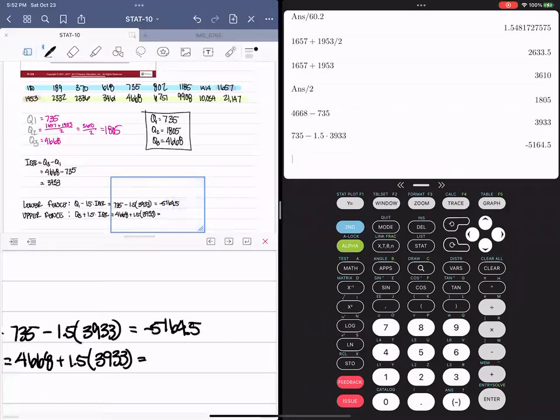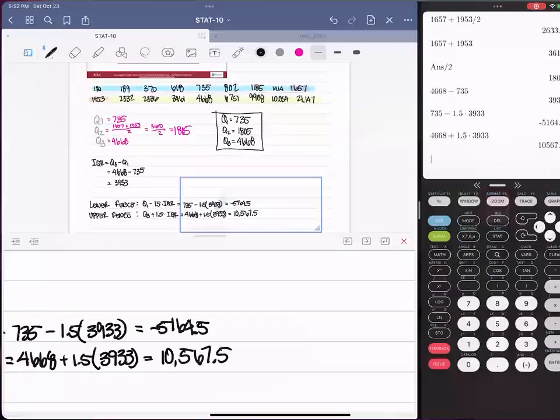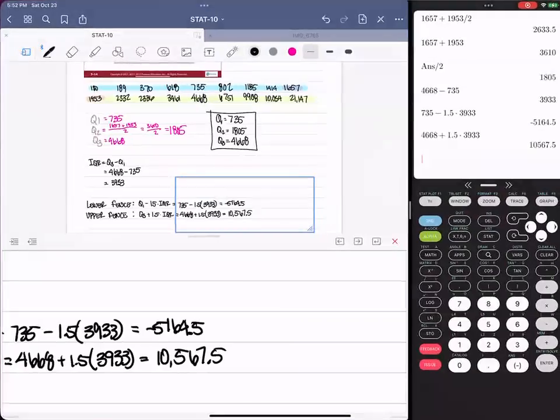Now let's check the upper. The upper here is 4668, and this time it's plus 1.5 times 3933. And that gives us 10,567.5. And now let's see if we have any outliers.